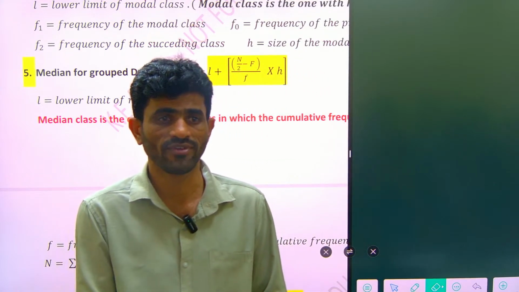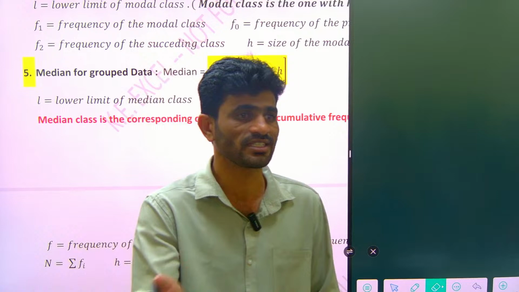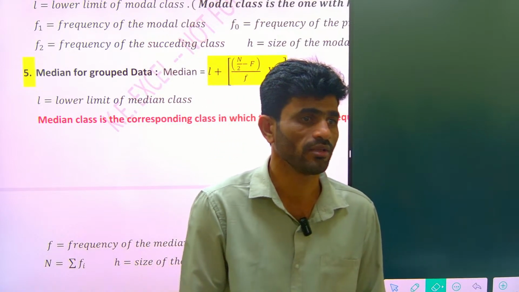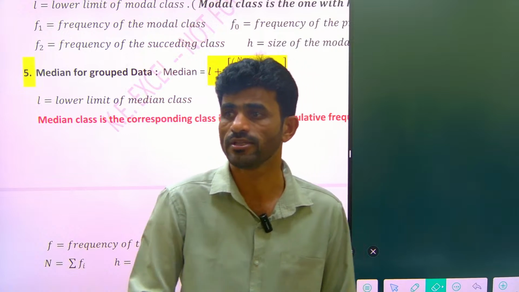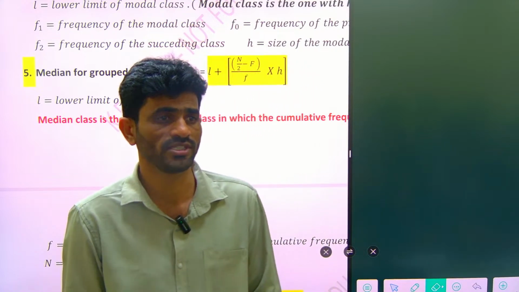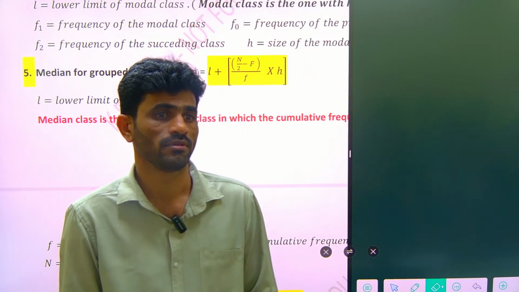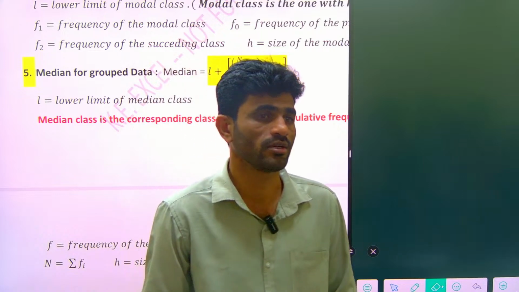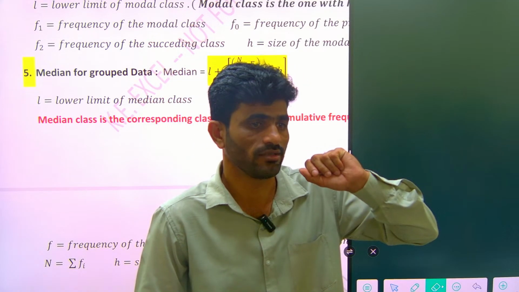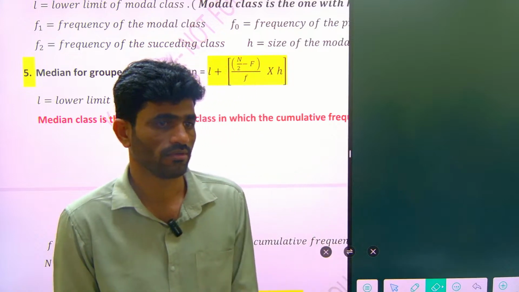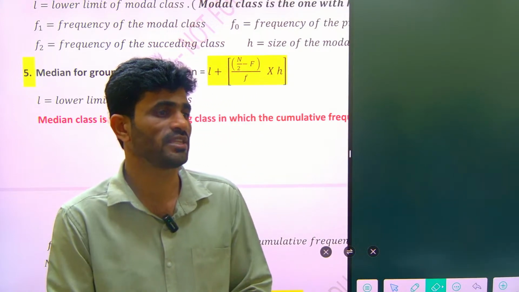Because only 13 observations you have, the 13th observation is the last observation in 10 to 20. You cannot have the 50th observation in the first class. 20 to 30, suppose you have 10 observations. First you already have 13, next 10, so up to 23 only you can have.